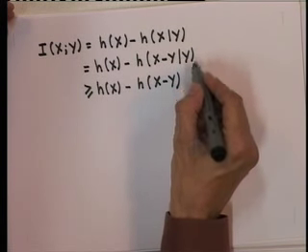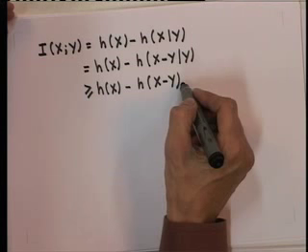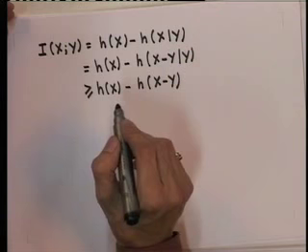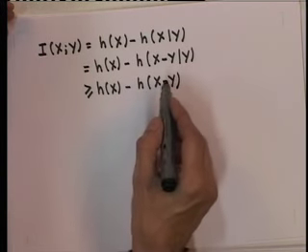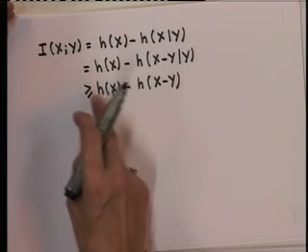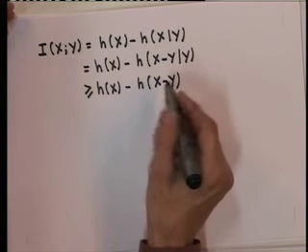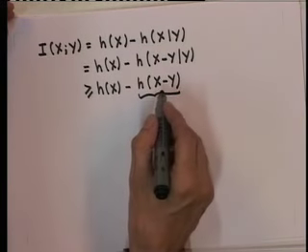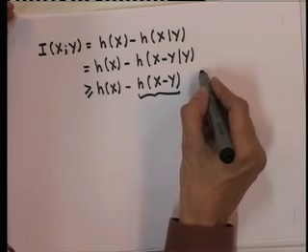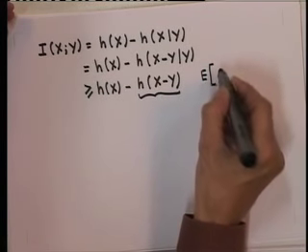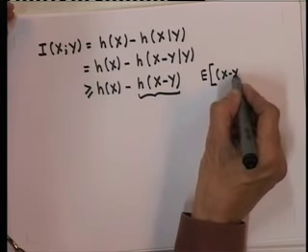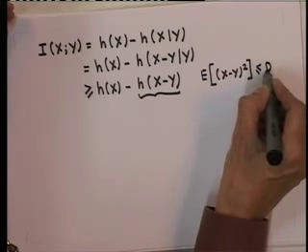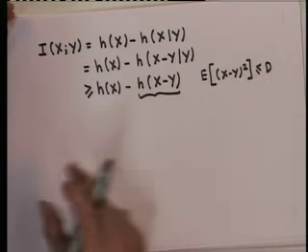From second step to third step, the reason is conditioning always reduces entropy. So, in order to minimize the right hand side of this equation, we have to maximize the second term subject to the constraint given by mean squared error to be less than some specified distortion level d.